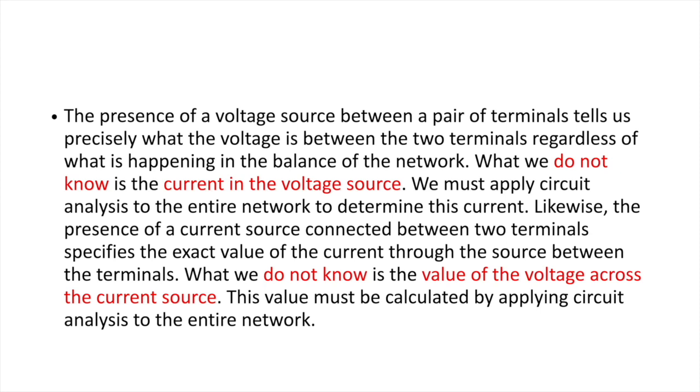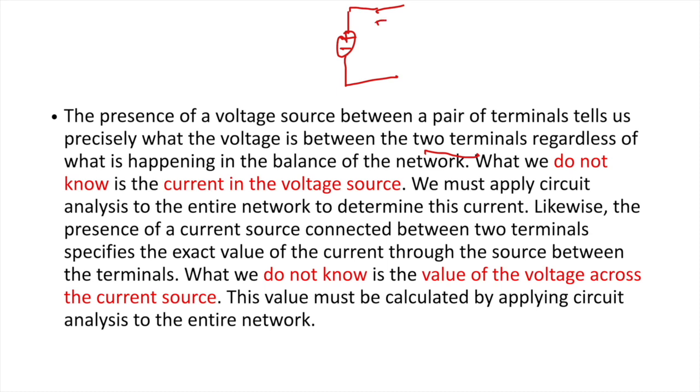The presence of a voltage source between a pair of terminals tells us precisely what the voltage is between the two terminals, regardless of what is happening in the balance of the network. What we do not know is the current in the voltage source. So we have a voltage source connected to the circuit.